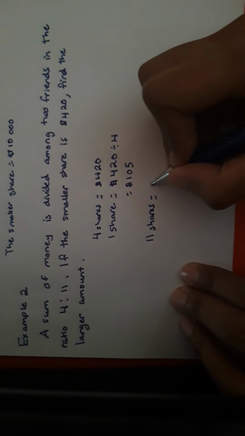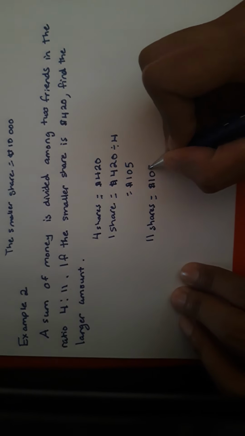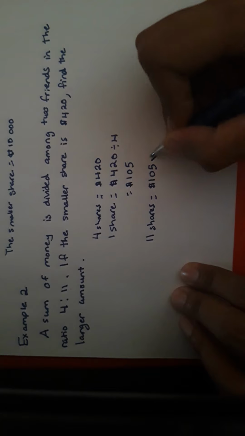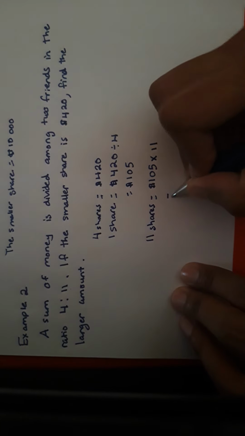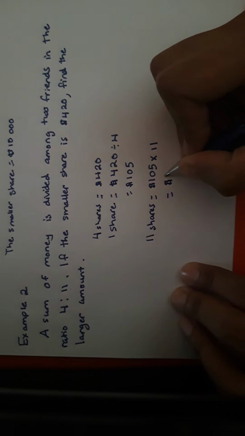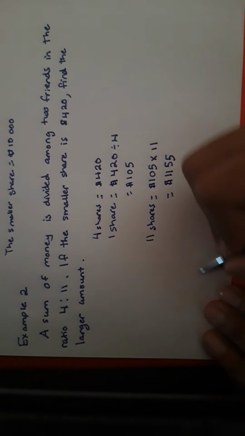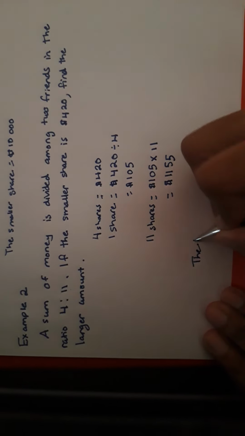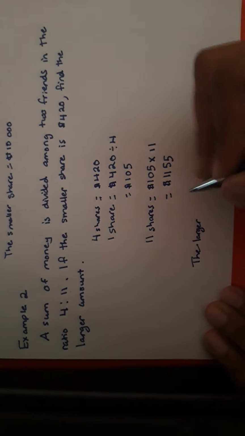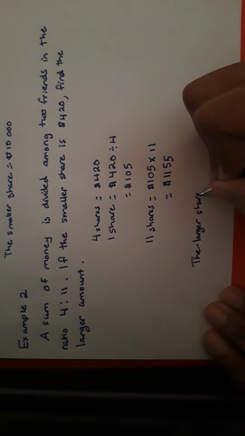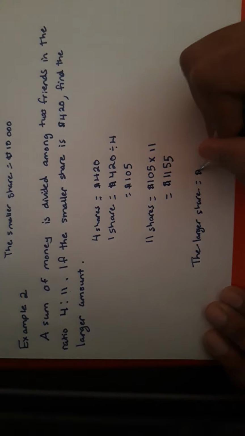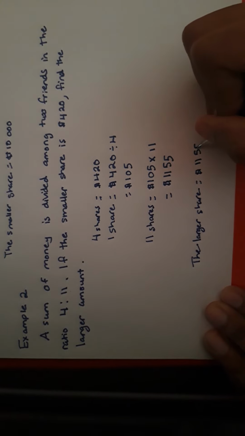And if one share is $105, 11 shares will be 105 multiplied by 11. And that works out to be $1,155. So the larger share is equal to 1155. Let's look at a third example.